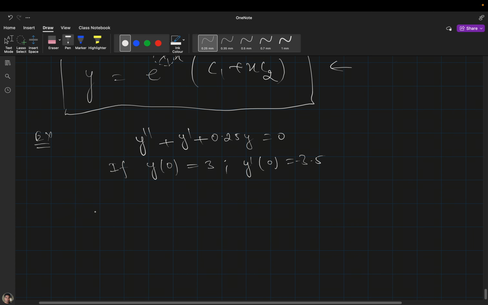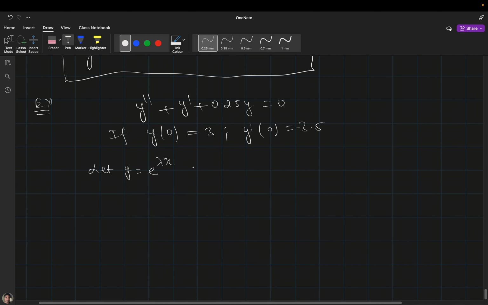I will assume y equal to e raised to the power lambda x is the solution of this differential equation. Then I substitute the first and second derivatives into this, and you will get lambda squared e^(lambda x) plus lambda e^(lambda x) plus 0.25 e^(lambda x) equal to 0.